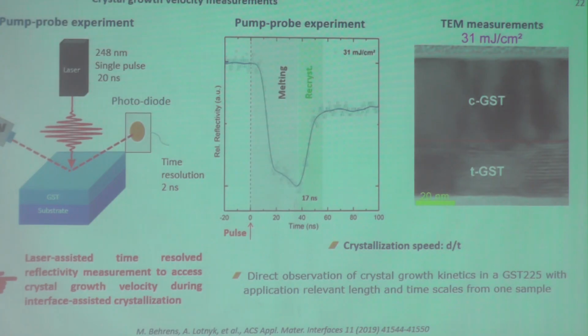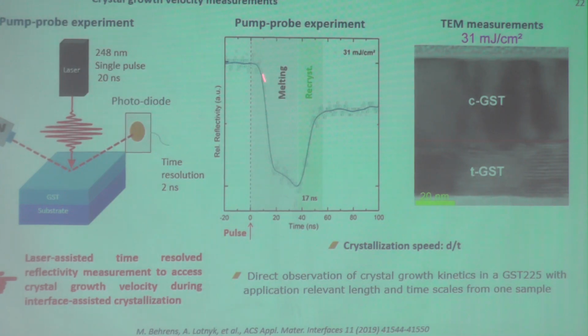This is a very nice and very sensitive technique with time scales of nanoseconds. And here we can see our two phases, cubic and trigonal. By combining these time-resolved measurements with TEM measurements, we can measure crystallization speed.